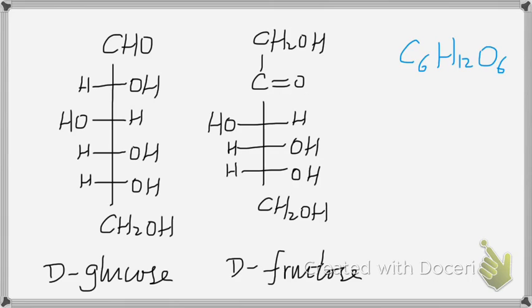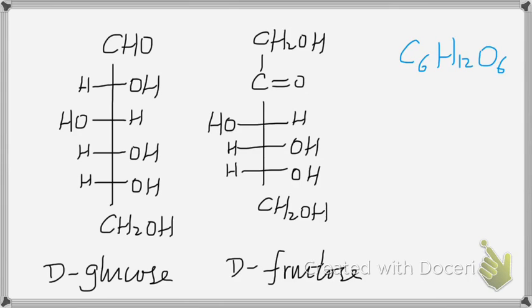There are 6 carbons, and for the rest of the carbons from 2 to 6, each has an OH group attached to it. For D-fructose, it has a ketone functional group on carbon 2, and for the rest of the carbon atoms, there are OH groups on each of the carbon.